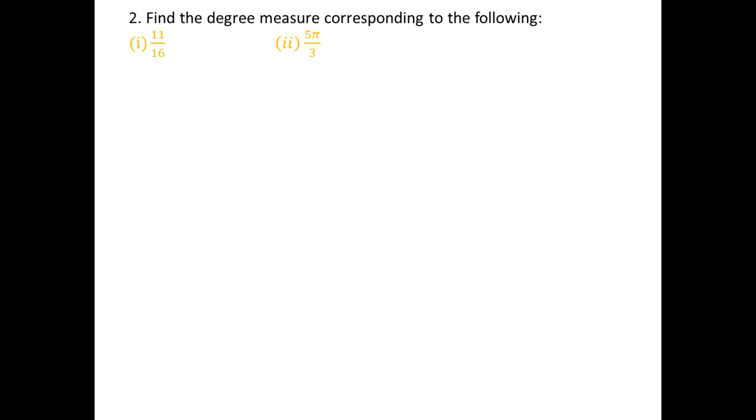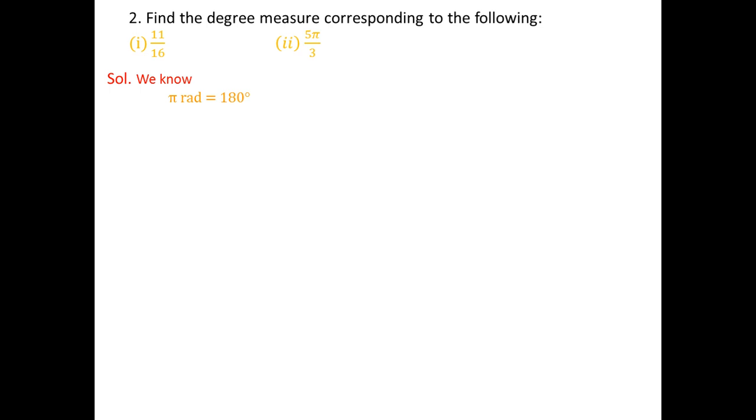Okay, move on to our next question, which is now we have to find the degree measure corresponding to following radians. So first example is very important. We know pi radian equal to 180 degree.